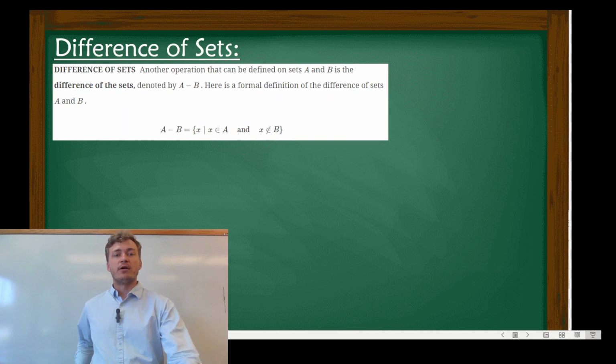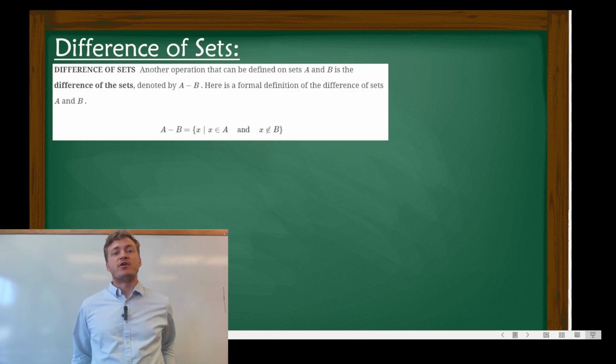We'll go to our next topic, the difference of sets. Another operation that can be defined on sets A and B is the difference of sets, denoted A minus B. That is, if we are looking at A minus B, by definition, we get what is described below.